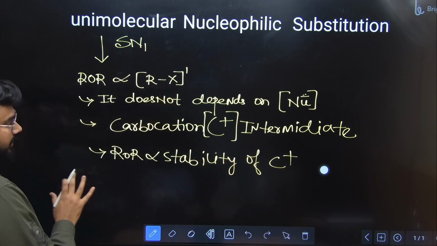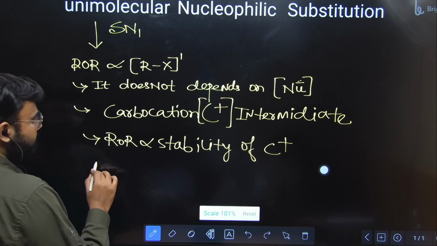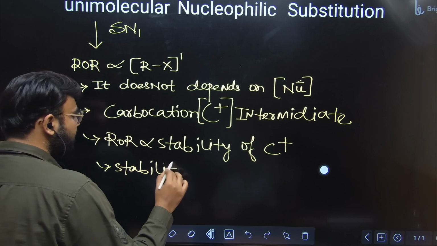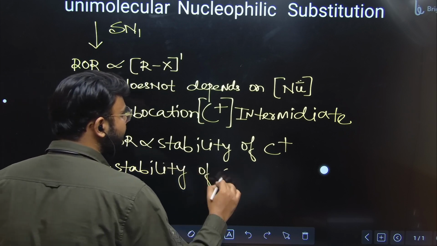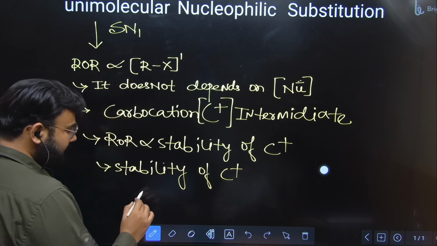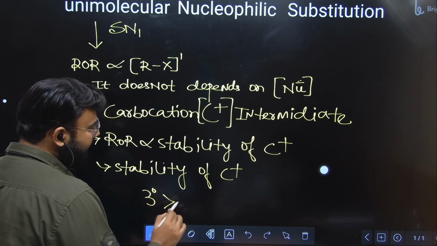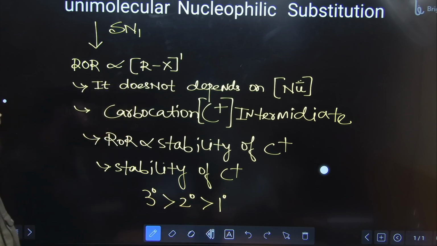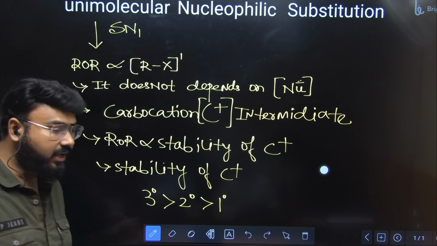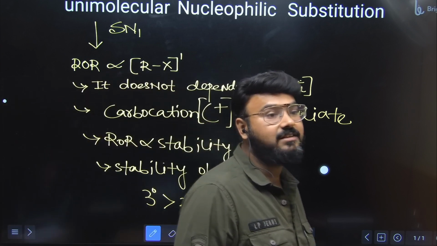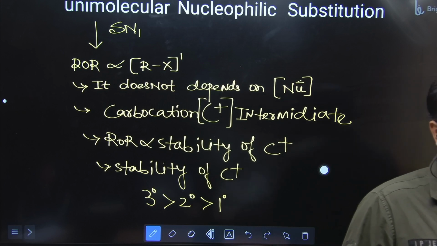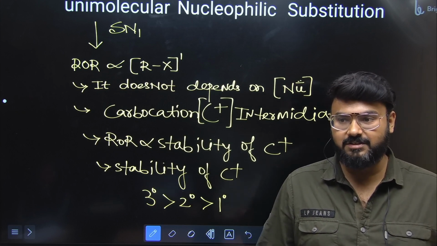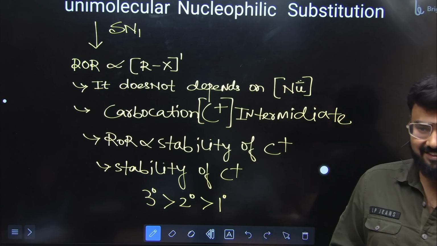And what is the stability order of carbocation? 3 degree is the highest, and the least is 1 degree. I hope it is clear. Now, can anyone explain why 3 degree is more stable? You'll say because of the structure. But what is there in the structure?